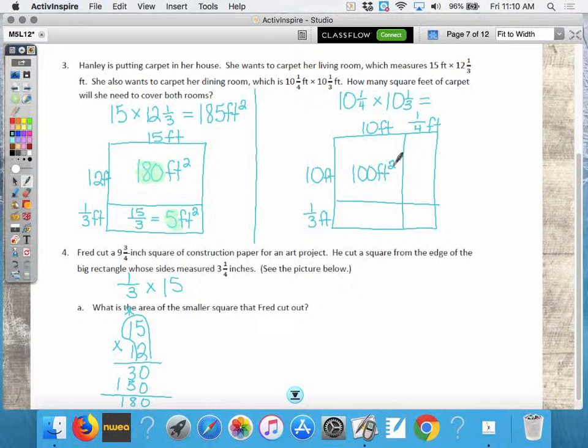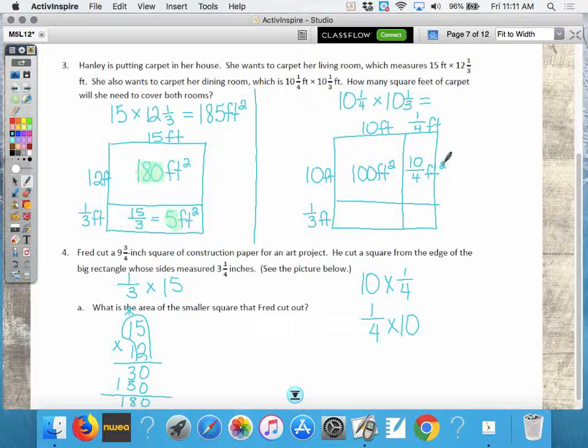Now, 10 copies of 1/4. So it's going to look like this. 10 times 1/4, or 1/4 times 10. 10 fourths. And I'm going to go ahead and leave it as a fraction for now.